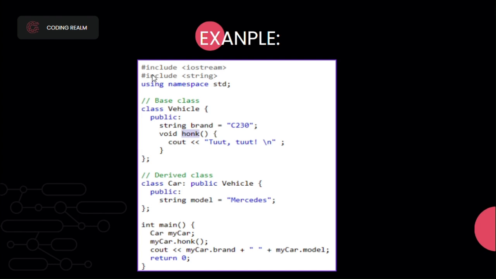Second, we have the derived class, class Car, which inherits from the base class Vehicle. This is the inheritance. String model, Mercedes. And finally the main function: Car myCar, and we output the content on the screen. The car is Mercedes, and finally return 0.